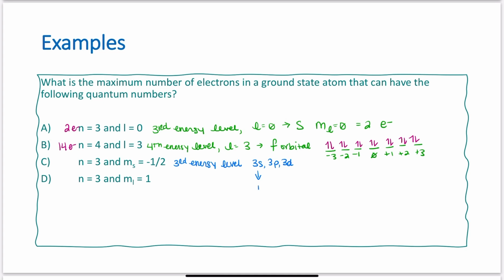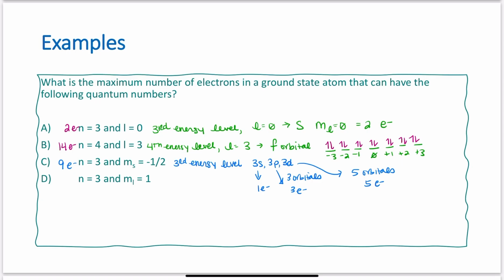Well, s only has one orbital, so that's only going to have one electron spin down. 3p has 3 orbitals, so it can have 3 electrons spin down, and 3d has 5 orbitals, so it can have 5 electrons spin down, so 1 plus 3 plus 5, 9 electrons can follow this scheme.